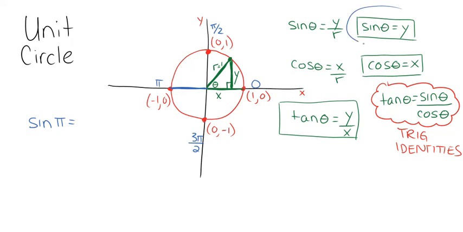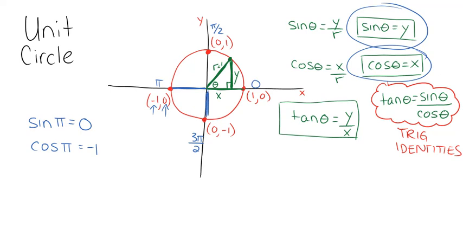We can use this knowledge: sine is equal to y in the unit circle. So sine of pi would just be equal to the y value, which is 0. So we know sine of pi is 0. If we wanted to find the cosine of pi, well, cos is always just equal to x, so the x coordinate is negative 1. So the unit circle can help us find all those values that are right on the x or y axis.